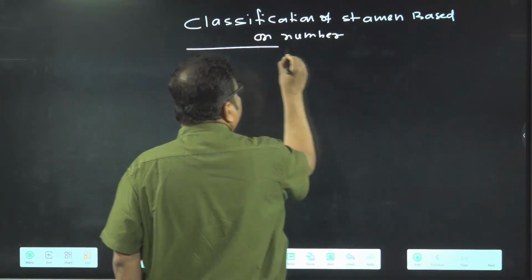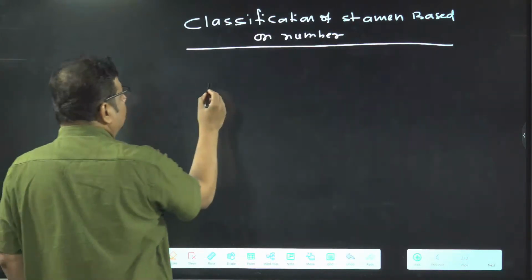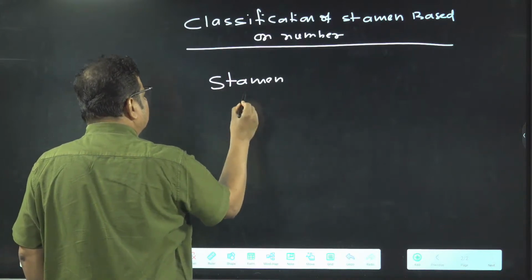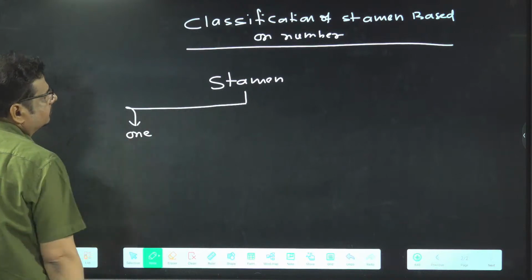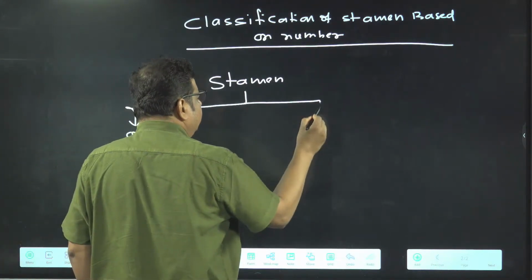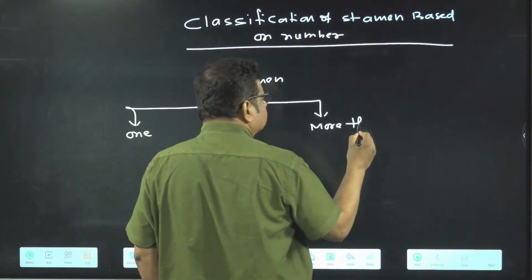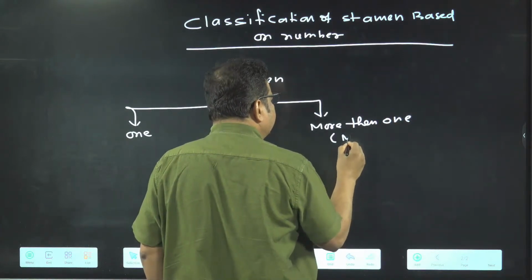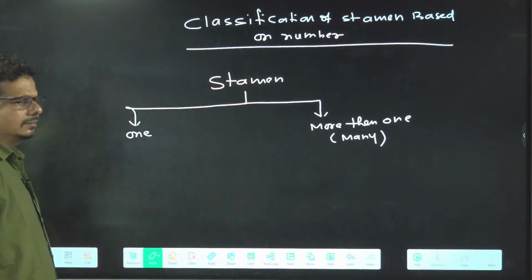So look here, if we talk about stamen, the number in a flower may be 1, or it may be more than 1, or you can say many, any number other than 1.